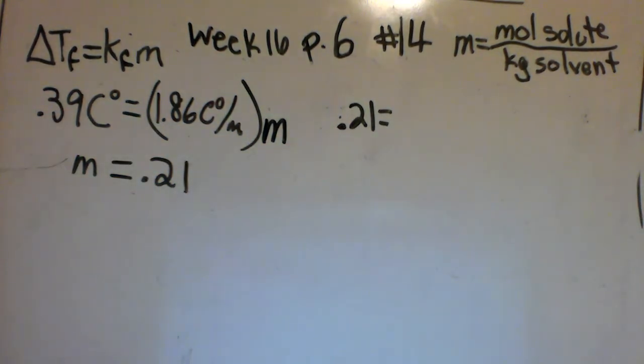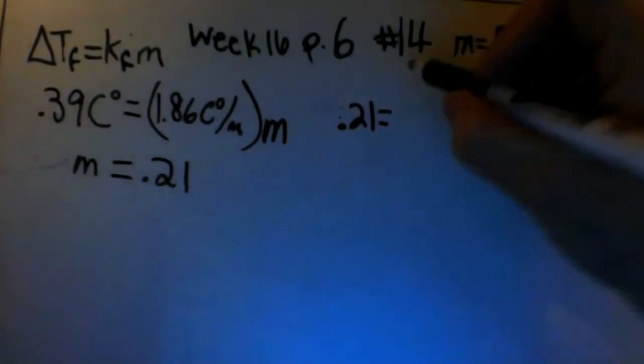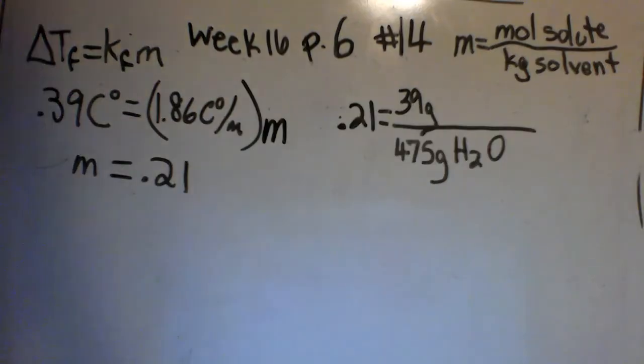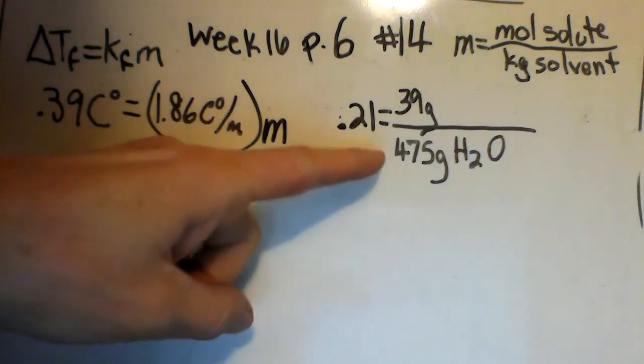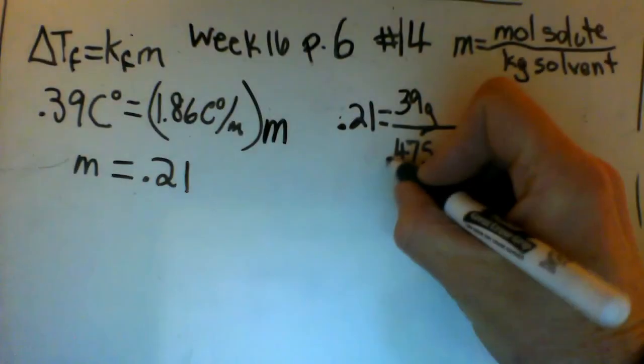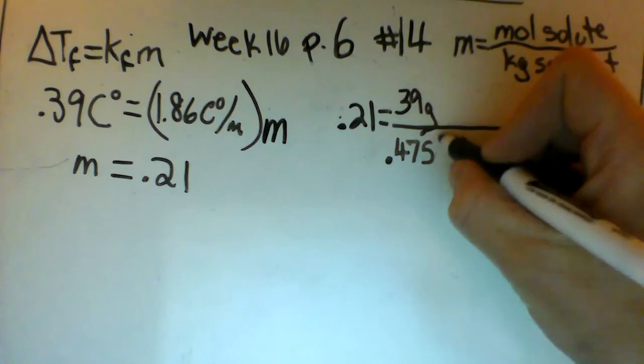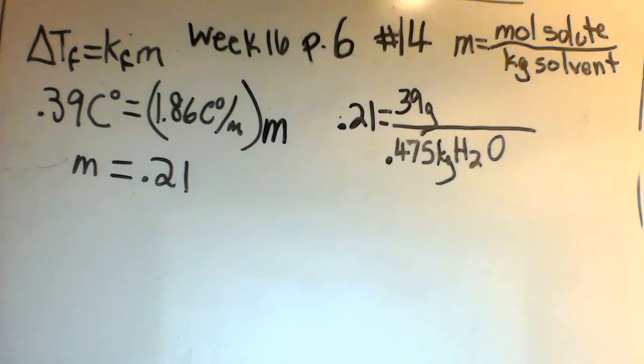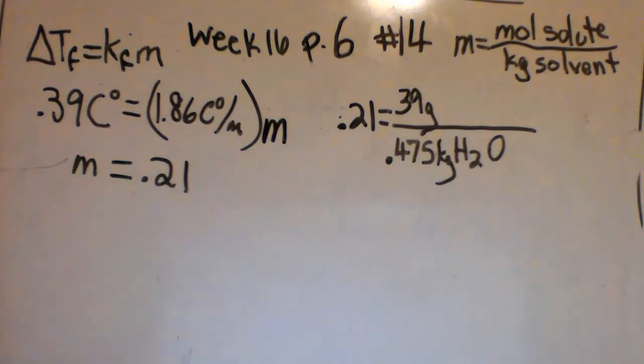We have 39 grams of the solute, and we have 475 grams of water. We first have to convert water to kilograms. We move the decimal place 3 spots to the left to convert to kilograms.